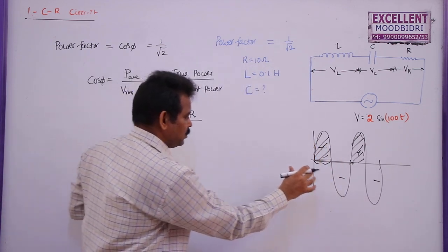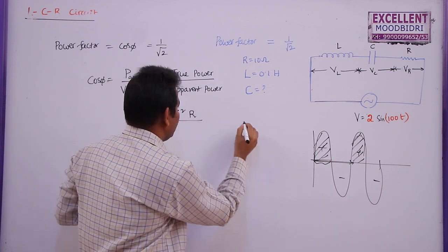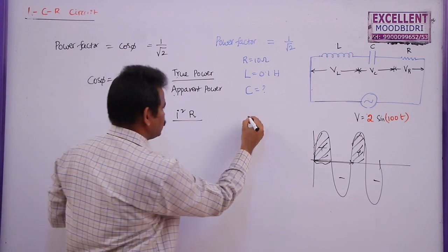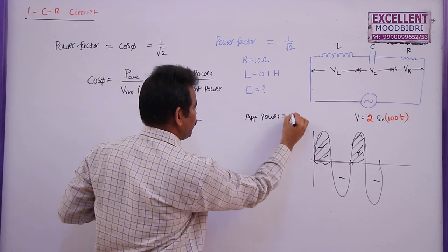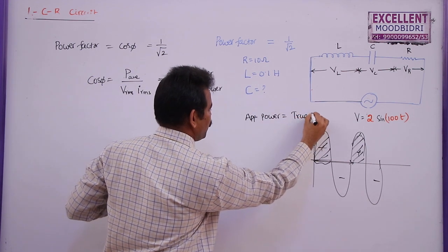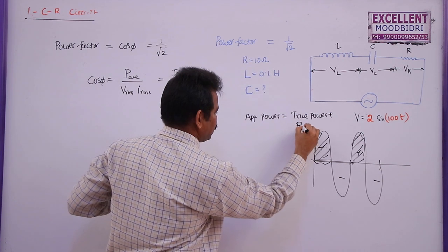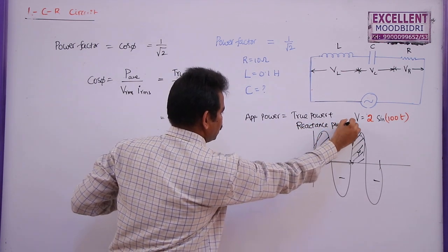This power is called power consumed by the reactance, and apparent power is the sum of the true power plus the reactance power, that is, power consumed by the reactance of this LCR circuit.